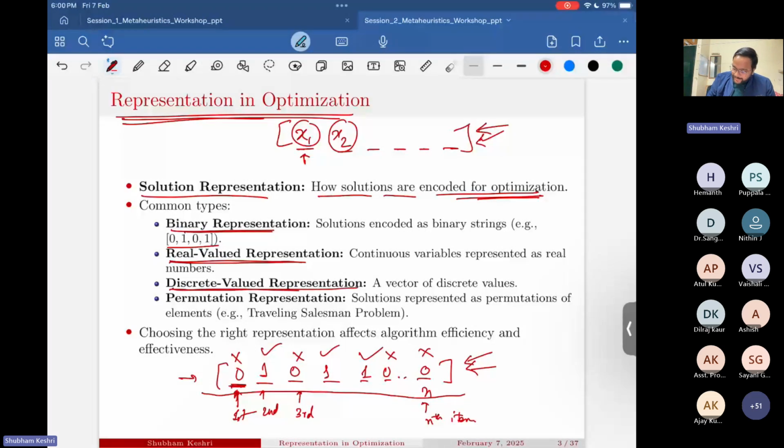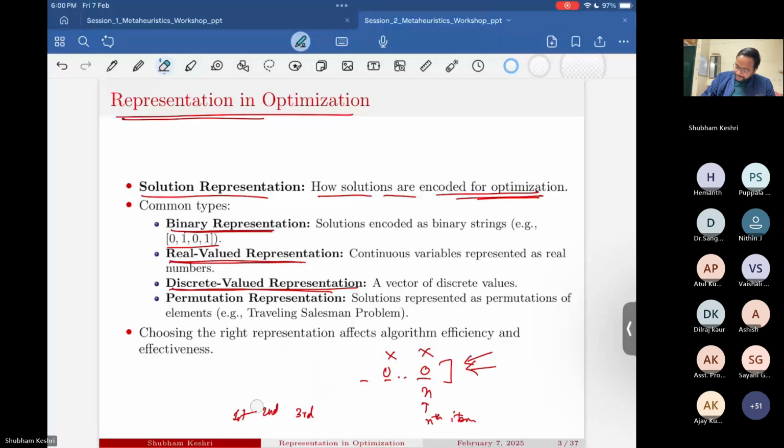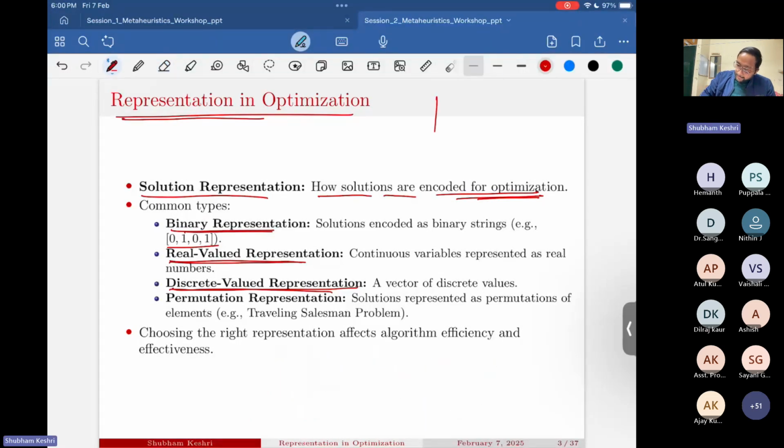Discrete value representation. So what is this? I'll give you one more example. Suppose there are some tasks: task 1, task 2, task 3. There are 3 tasks, and there are 3 people, person 1, person 2, and person 3. Now what are you doing? You are assigning task 1 to person 1, task 2 to person 2, and task 3 to person 3.